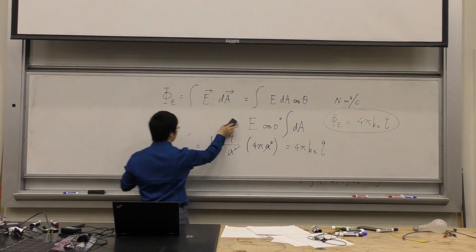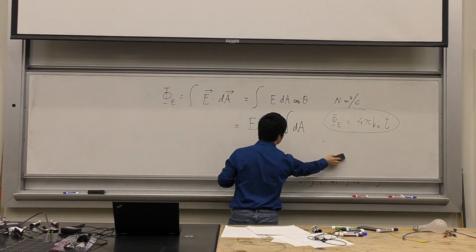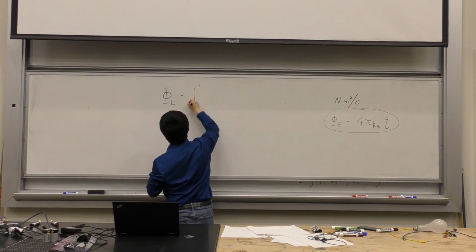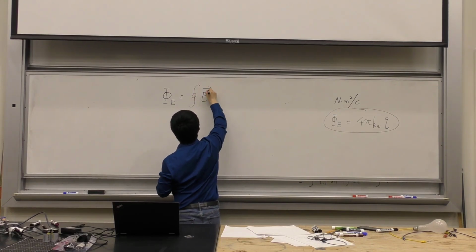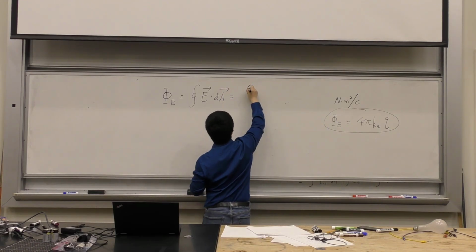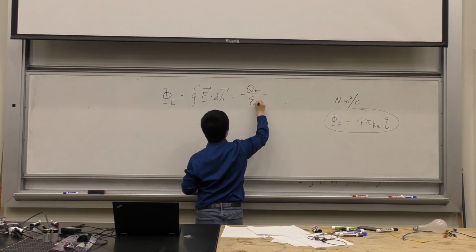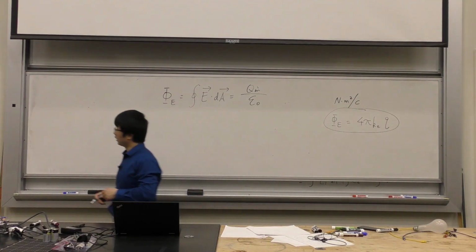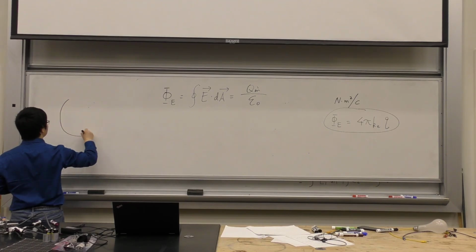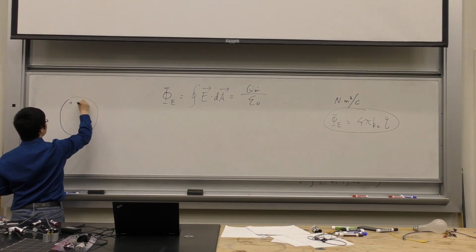So what is Gauss's law? I'm going to rewrite it here. If there's a closed surface in the electric field, the flux is always going to be equal to the charge inside the closed surface divided by the constant.